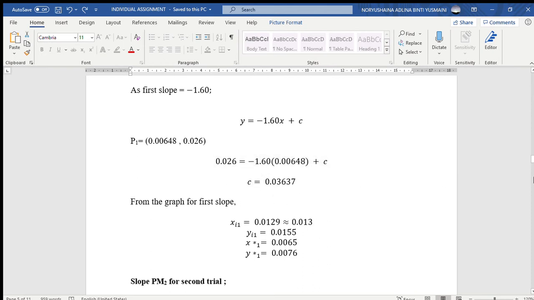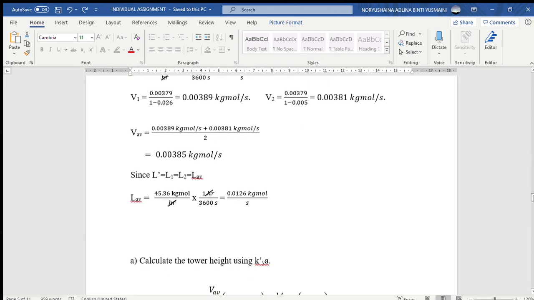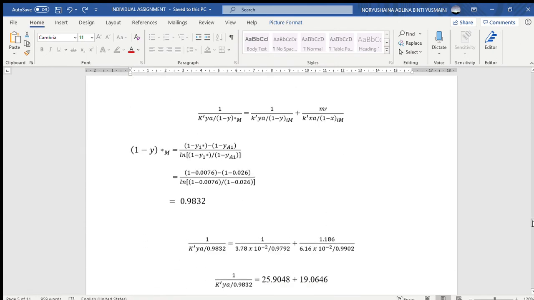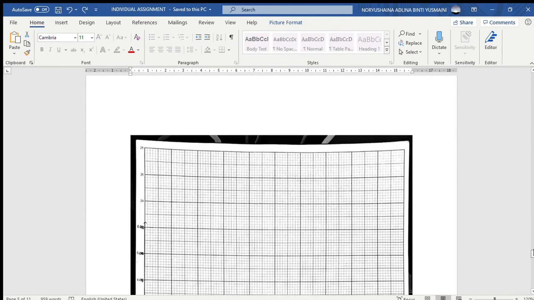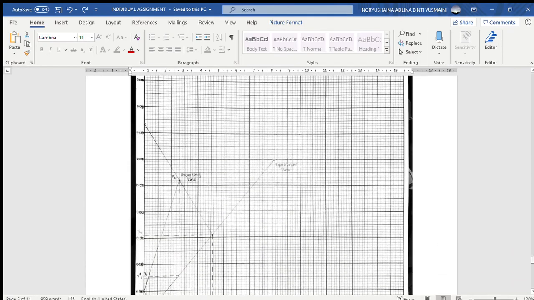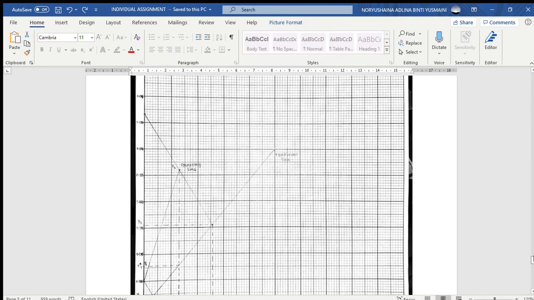This y-intercept is the starter point where we join the operating line and the equilibrium line. So this is the value of y-intercept which joins the operating line and the equilibrium line.